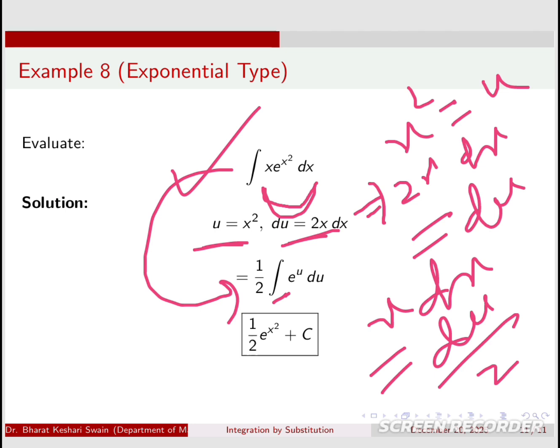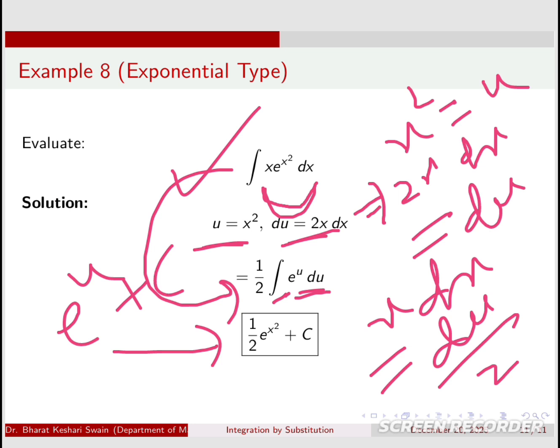And 1 by 2 is a constant, so take it out of the integral sign, and the result is e to the power u du, and the integration of this, we know, is only e to the power u plus c.